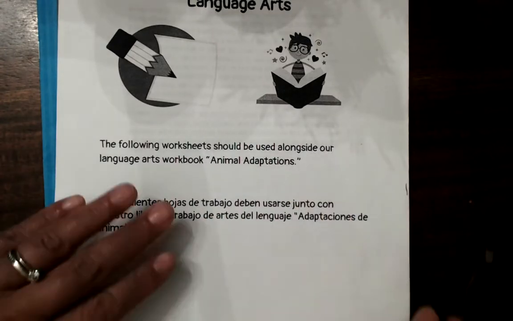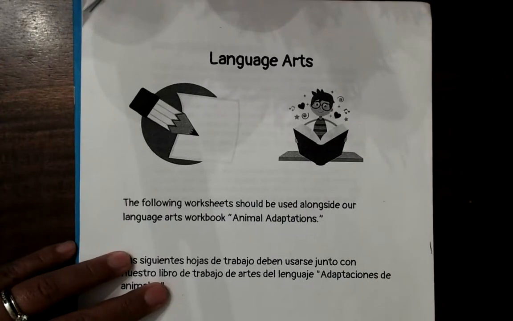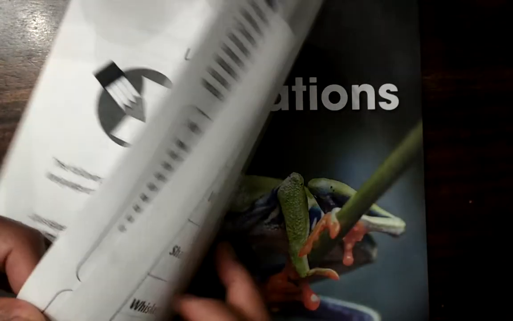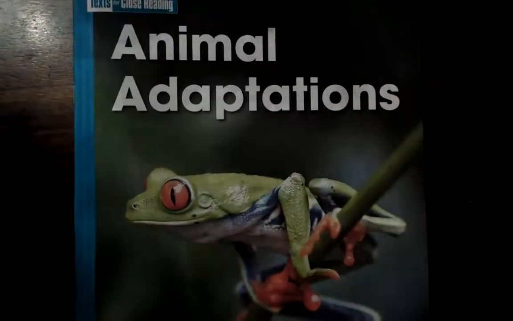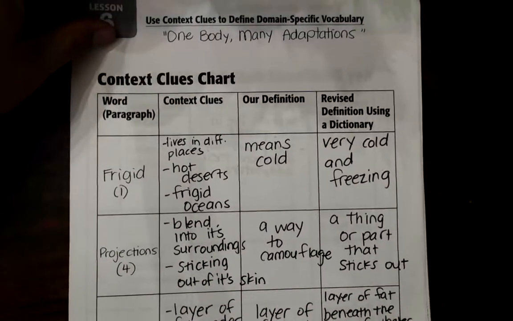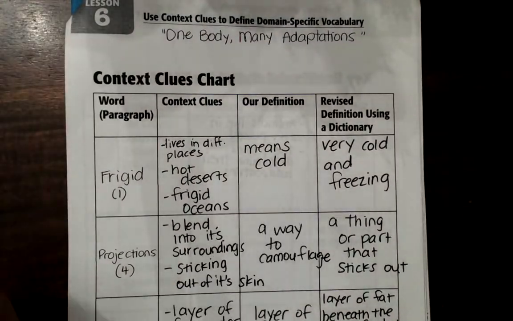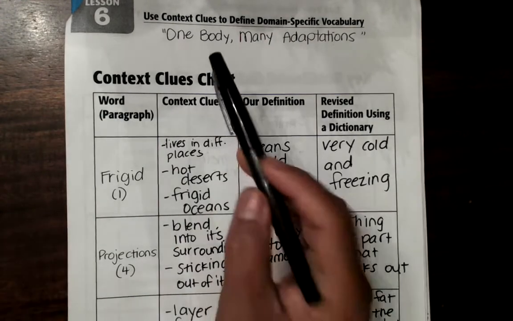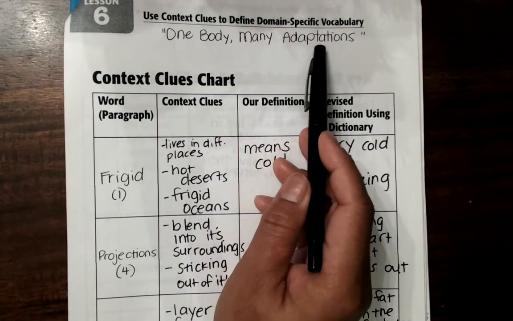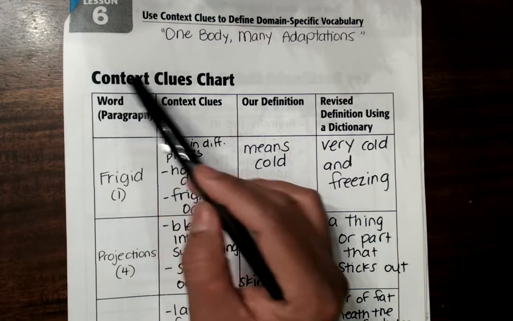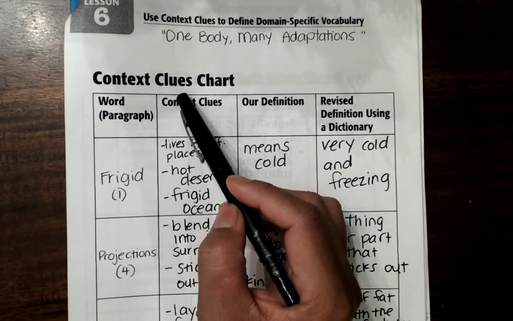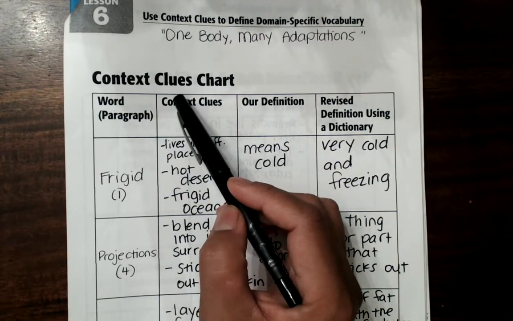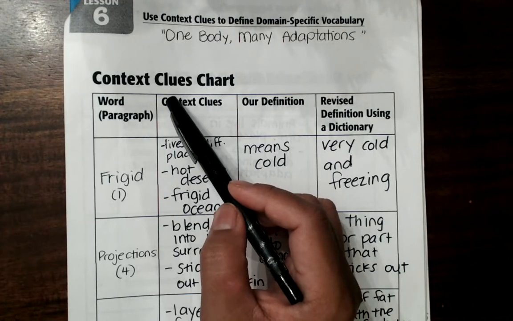Welcome back, guys. So I've already started in my language arts packet for Unit 3, Lesson 6. We were looking at context clues for our newest reading in our Animal Adaptations book called One Body, Many Adaptations. Now remember, context clues are just words that we read to help us define the words that we don't know.